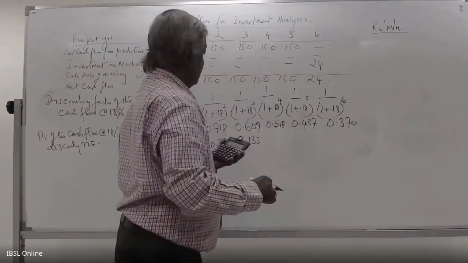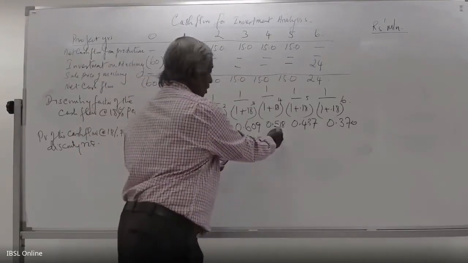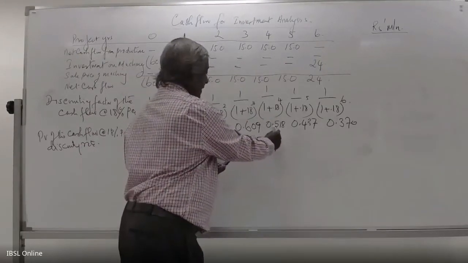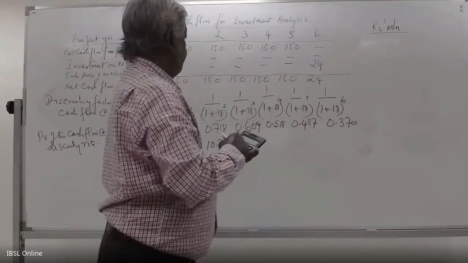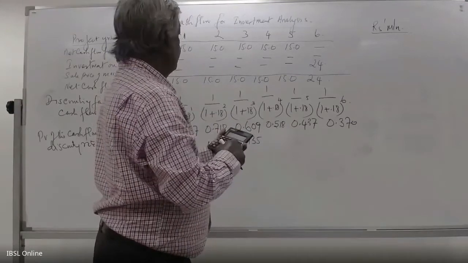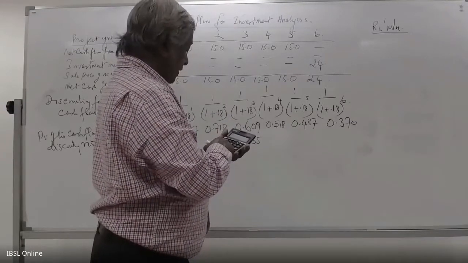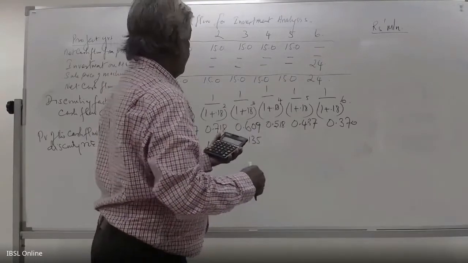Okay? Right. There was a small calculation mistake, so I corrected it. The discounting factor here is 0.518. Okay? Right. 15 into 0.518, discounting factor, 7.77.